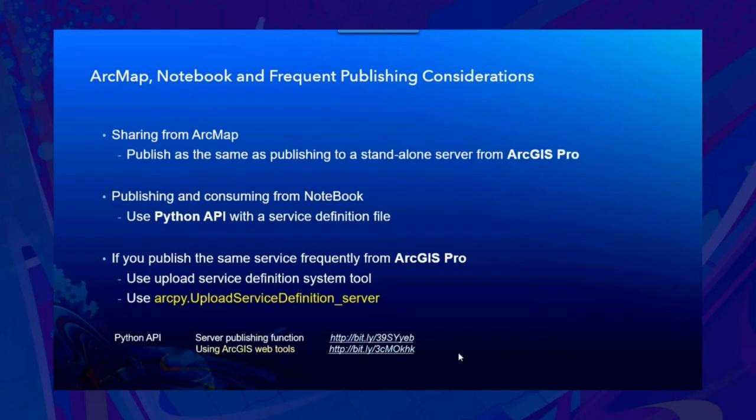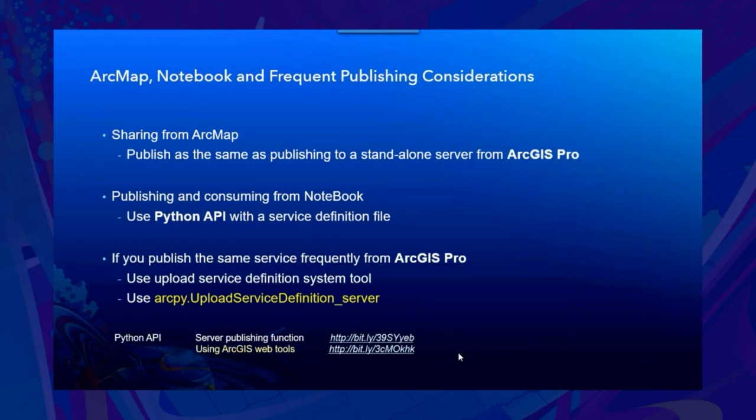So we encourage our users to publish and share their web tool and GP service from ArcGIS Pro. But up to now, it's still supported. To publish from ArcMap, you publish the same way as publishing to your own server in ArcGIS Pro, which means you have to use the server connection file to publish.